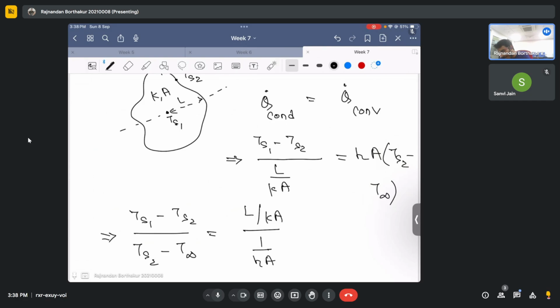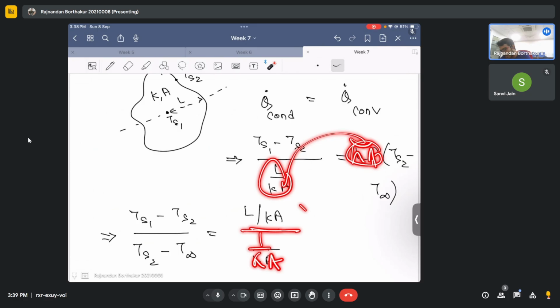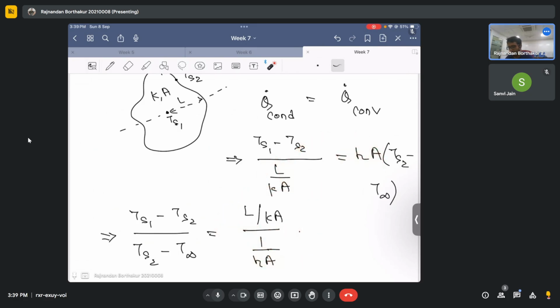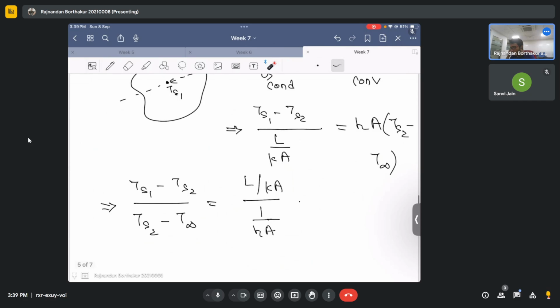Correct me if I am wrong, but I can write this term as this. So this is exactly equal to whatever we have written here. All right. Now, can you tell me what is this?